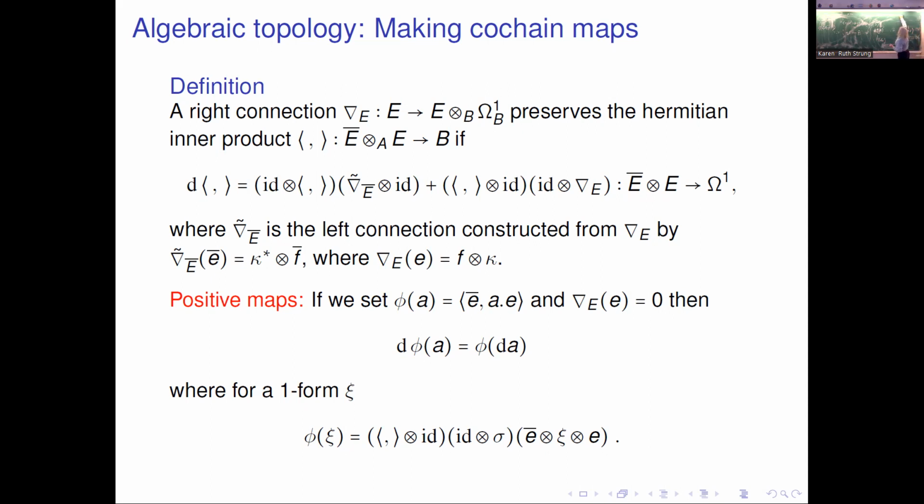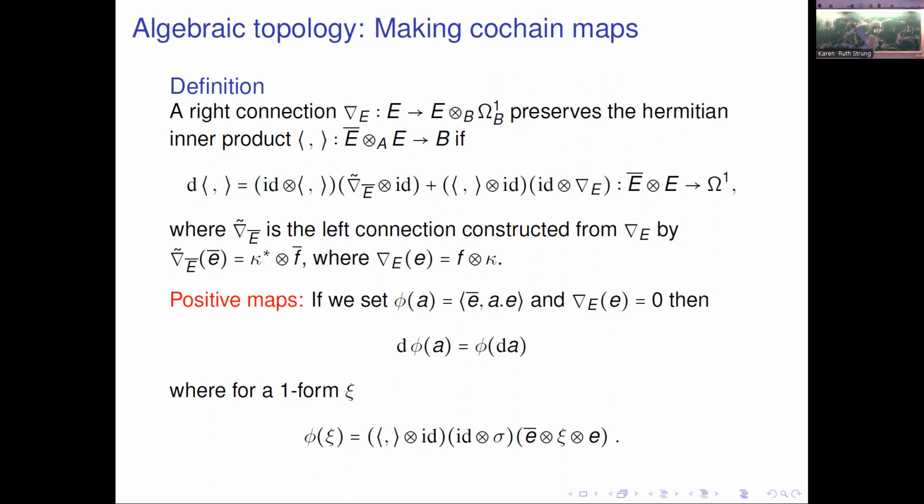So I will put a condition on, because I don't want things to become too messy, just to get a cochain map, I'll say that I want to find E, defining my positive map, which has the property that nabla E is equal to 0, because then I can write down what phi 1 is equal to.